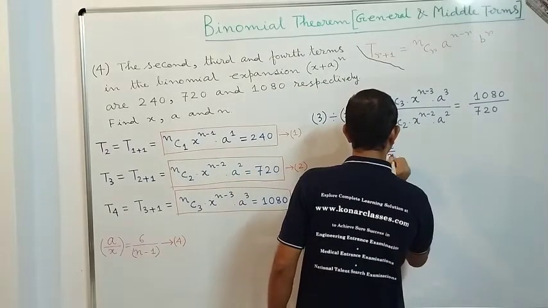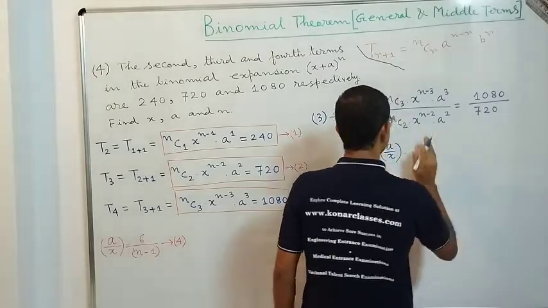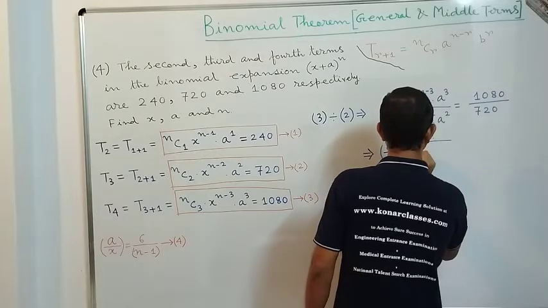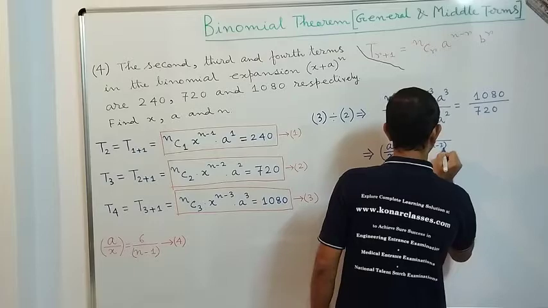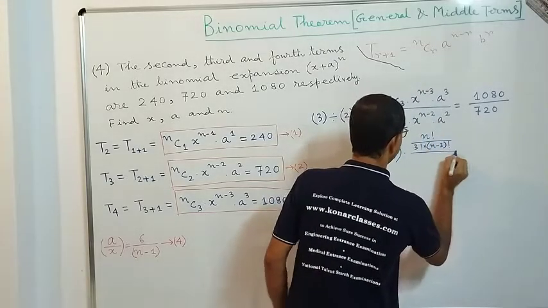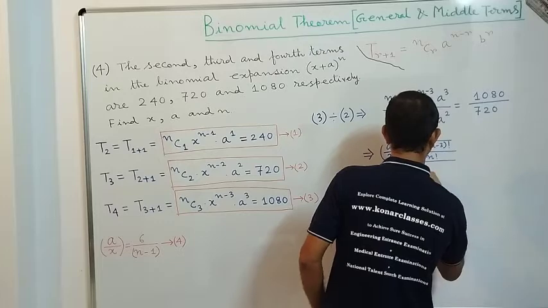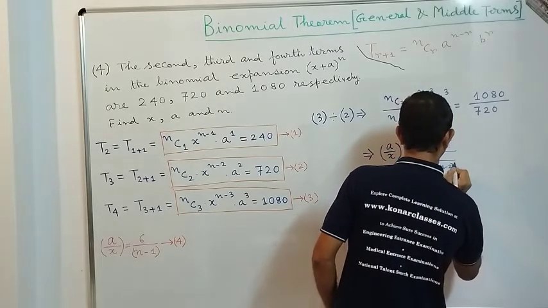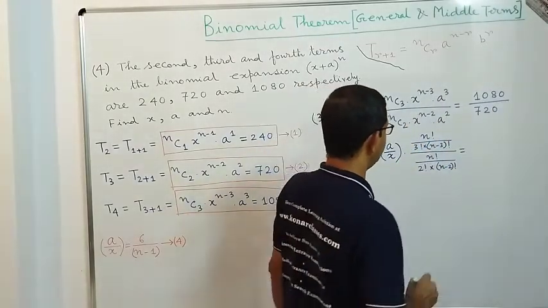So we get a by x into, in the numerator nC3, that means n factorial divided by 3 factorial into n minus 3 factorial, correct? And in the denominator nC2, that means n factorial divided by 2 factorial into n minus 2 factorial. That is equal to 1080 by 720.